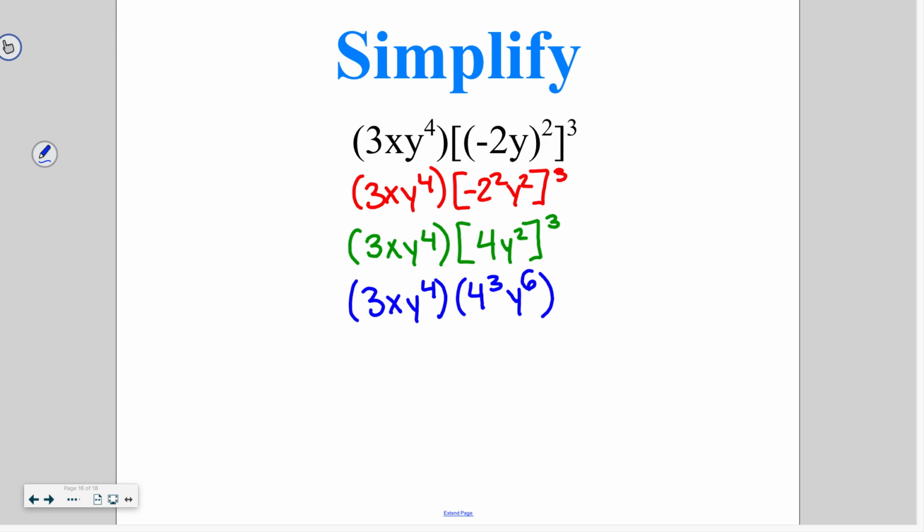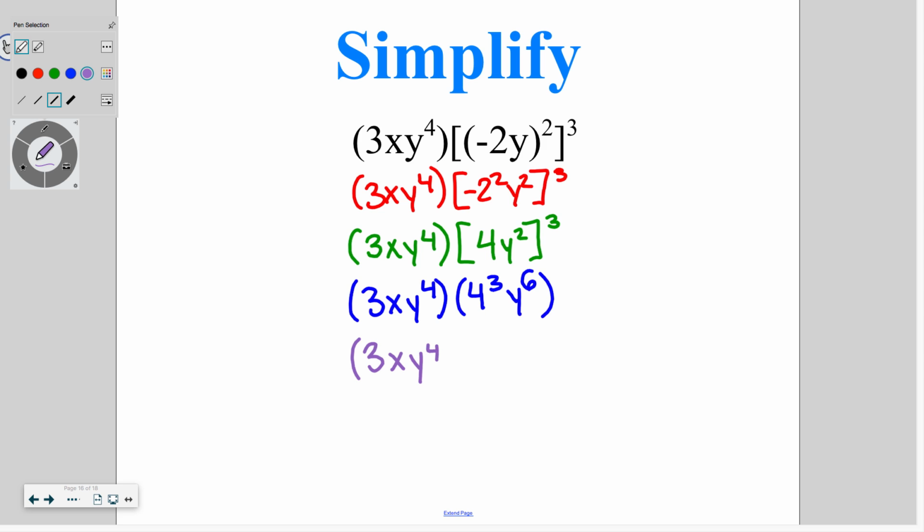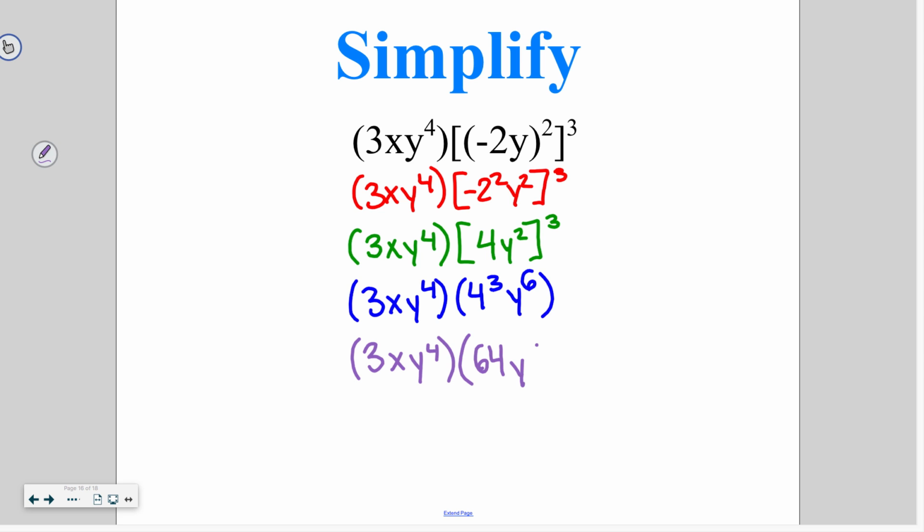Again, I'm going to want to simplify. So I've got 4 to the 3rd power, which is going to be 4 times 4 times 4, which gives me 64. So I've got our expression of 3xy to the 4th times 64y to the 6th. Then I'm going to go through and finish the problem.